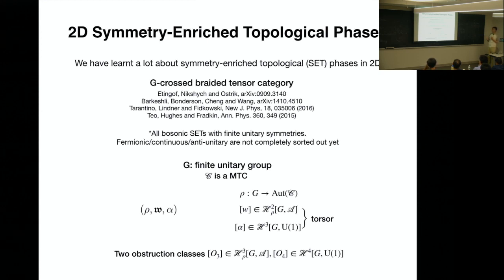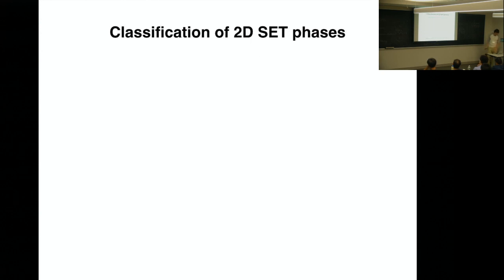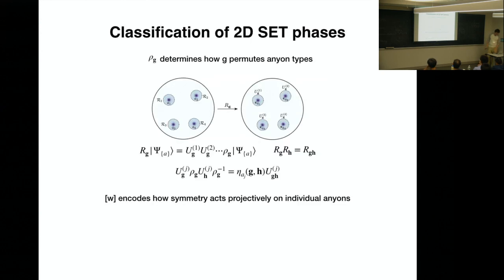One is how the symmetry permutes topological charges in the topological order, and then the symmetry can fractionalize on anyons, and then on top of that you can stack SPT. Okay. And then there are some obstruction classes. So this more or less gives you a classification of 2D SET phases.